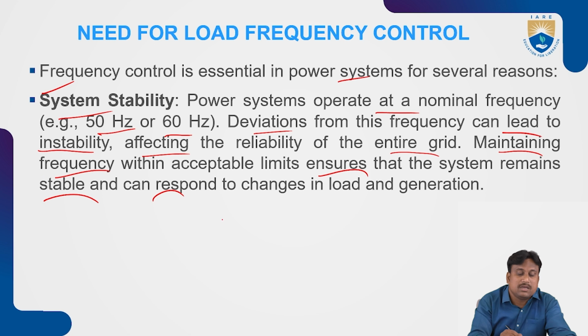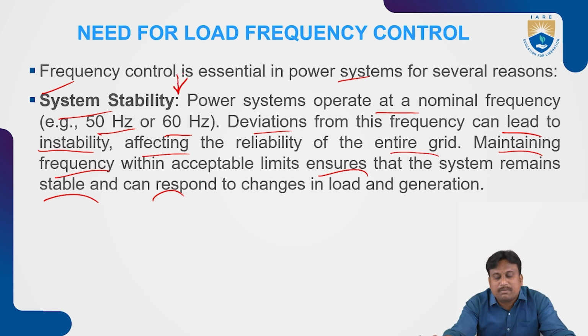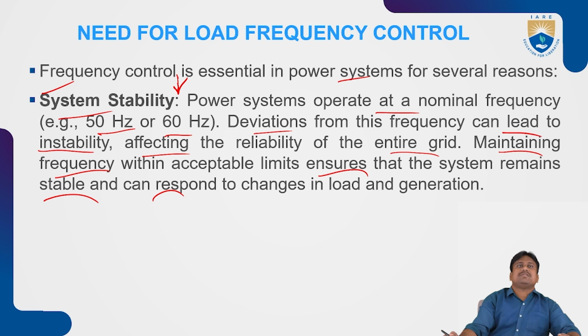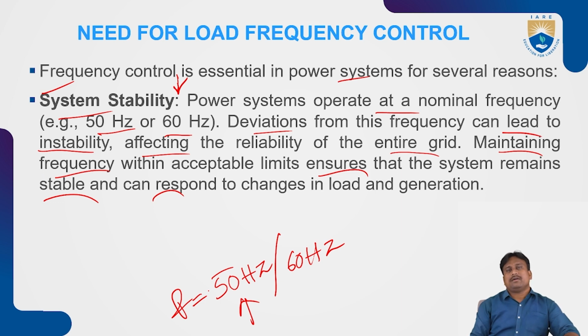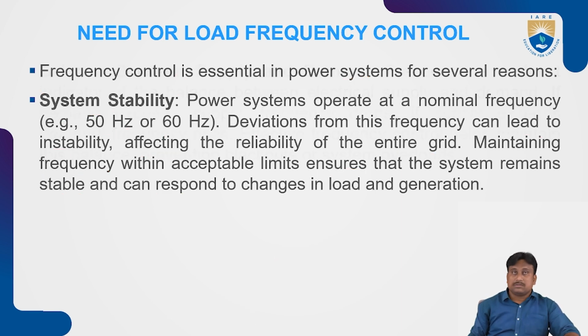System stability is one of the factors affecting the power system operating at various frequency ranges, either 50 Hz or 60 Hz. The 50 Hz range is most suitable for operation in India at various locations.